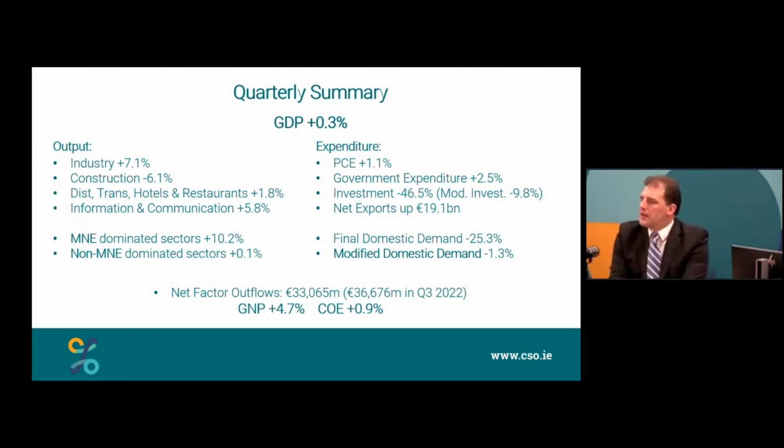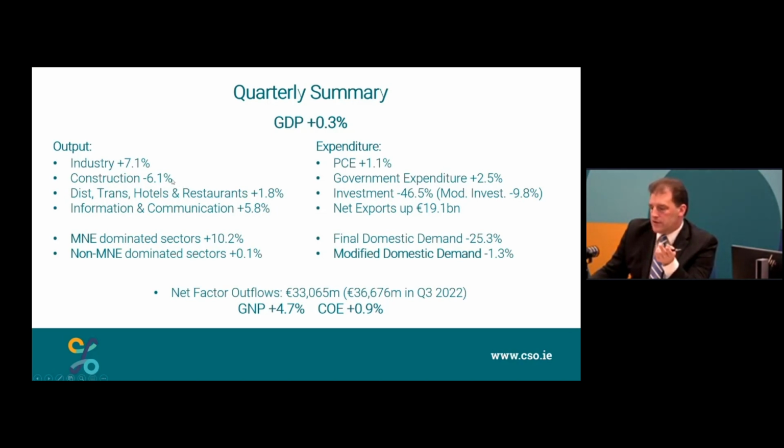The final slide for me is to do the same thing again as I perhaps did with the annual, showing you how all this data stitches together, with a slightly weaker result than anticipated for GDP of 0.3%. Looking at all the domestic data, within the output side on the left here and the expenditure side on the right, we can look at the growth in the M&E data.